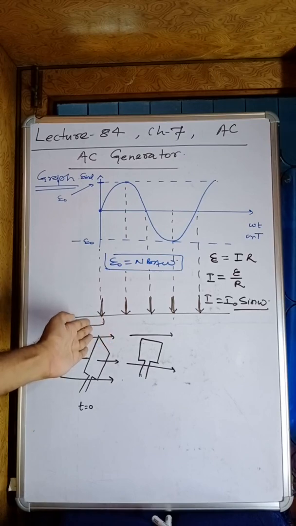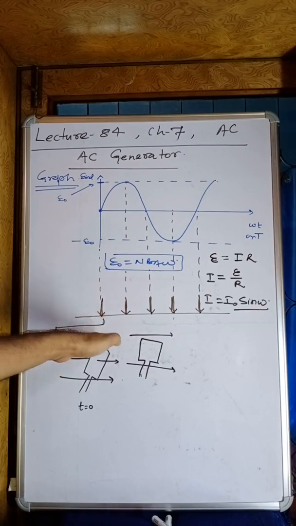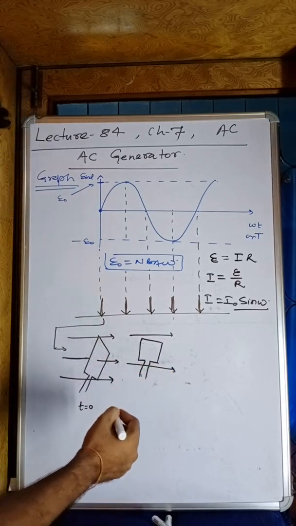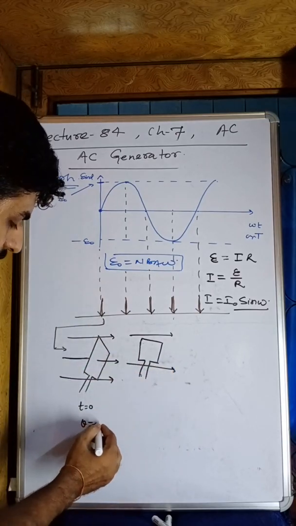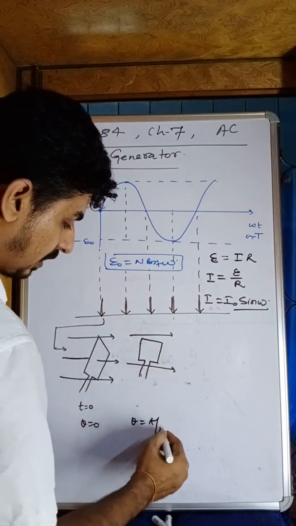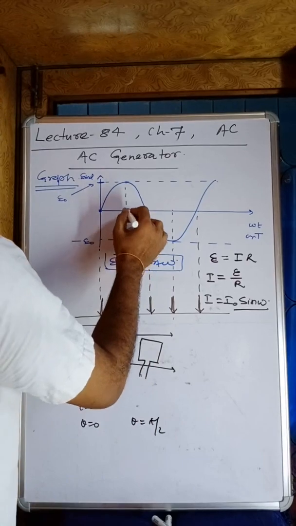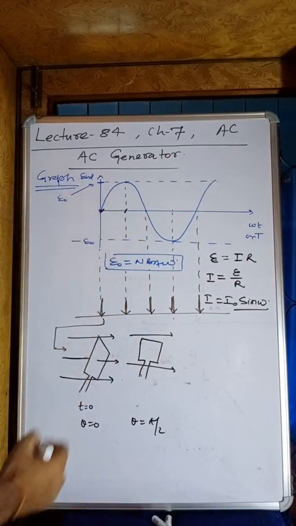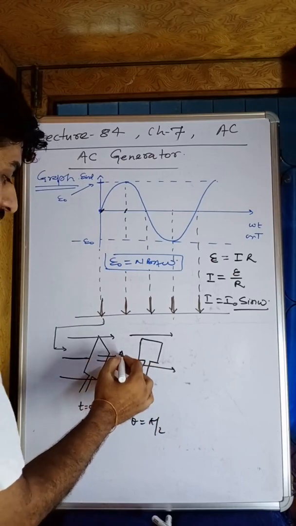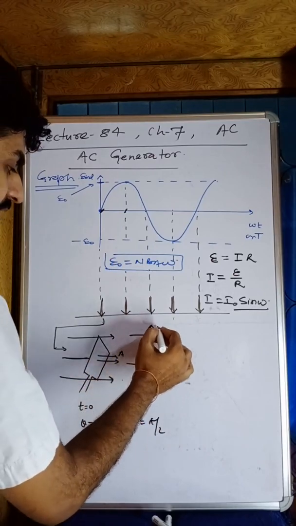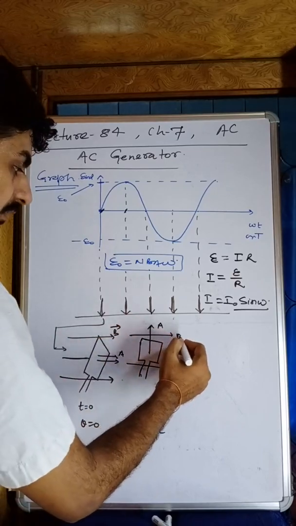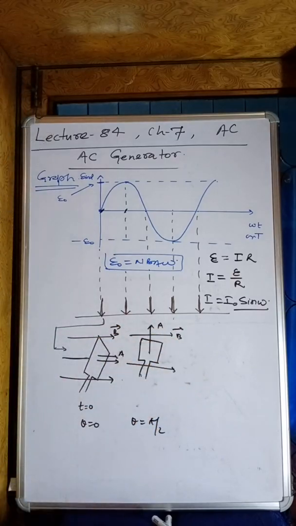Here the theta is 0, here the theta is pi by 2. This is the angle 0, this is the maximum. The area vector makes 0 degrees with the magnetic field in one case, and 90 degrees with the magnetic field in the other.